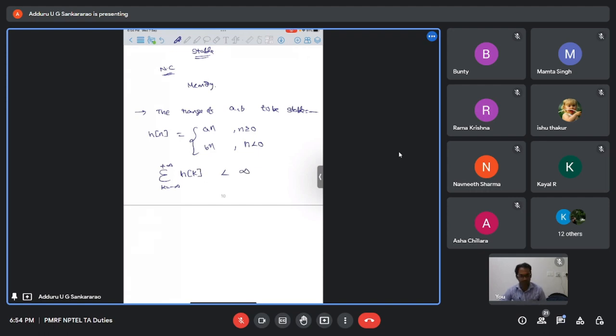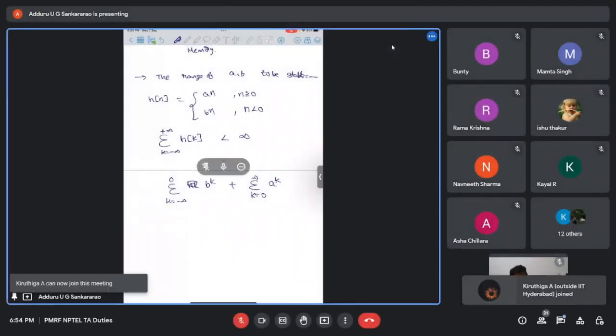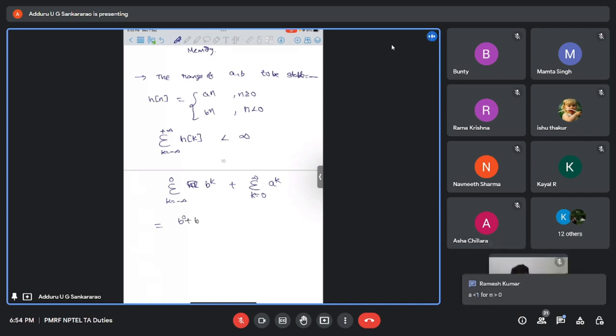It is the area under the impulse response. Now this I can write as the sum for k equal to minus infinity to 0 of b power k, plus the sum for k equal to 0 to infinity of a power k. So this is b power 0, b power minus 1, b power minus 2, and so on up to b power minus infinity.